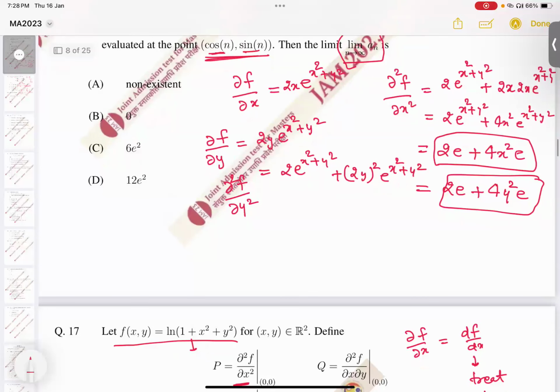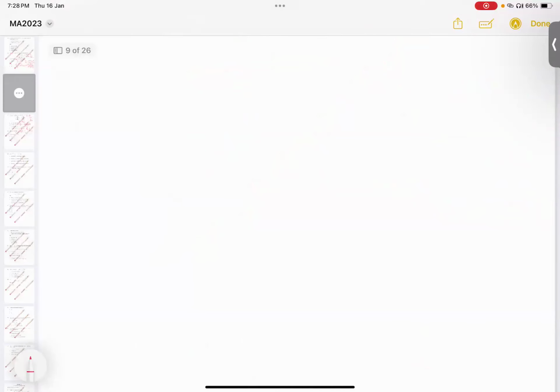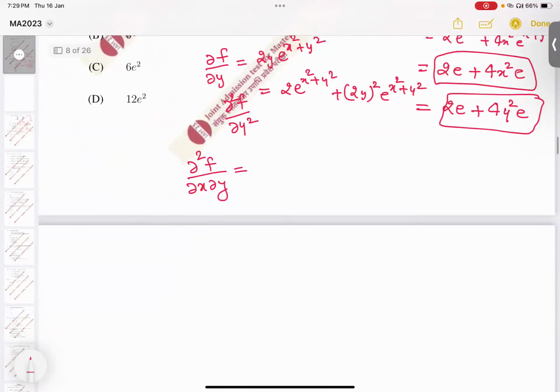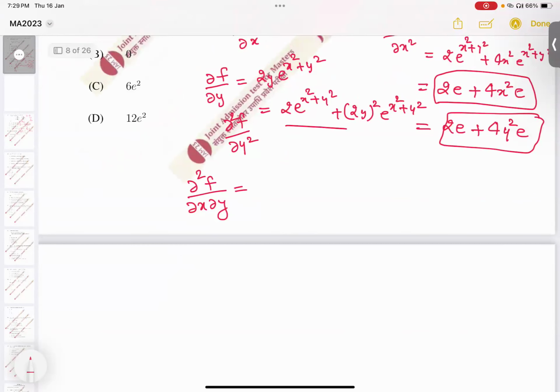Okay. Now calculate del square f upon del x del y. So you can use this part. So this will be equal to 2 e to the power x square plus y square into 2x, right?